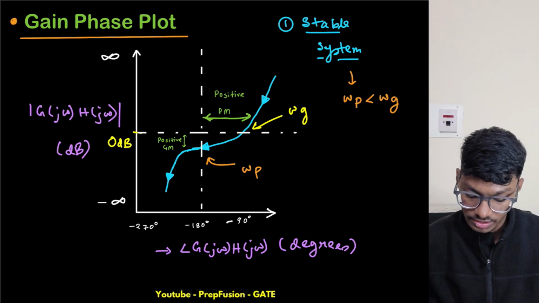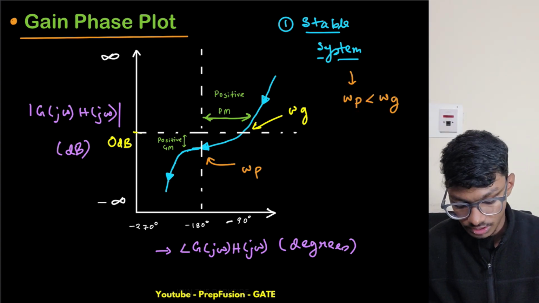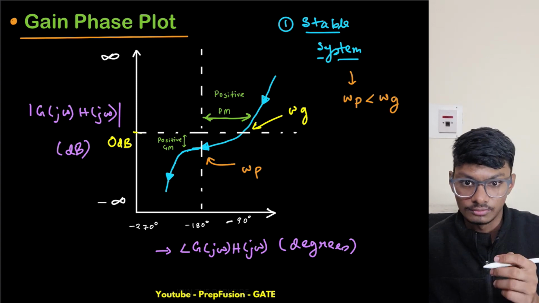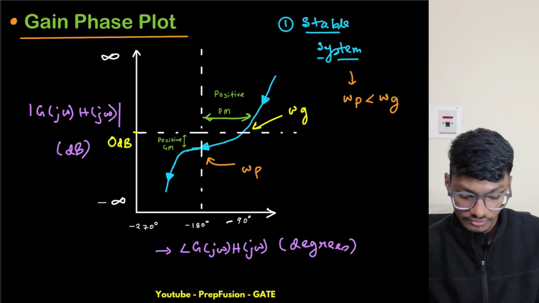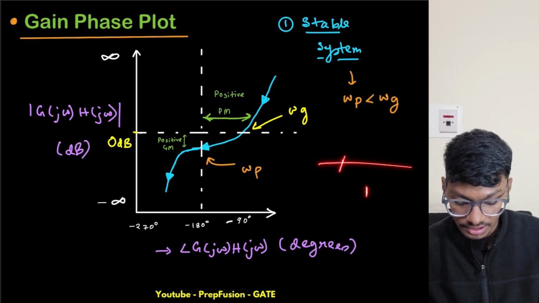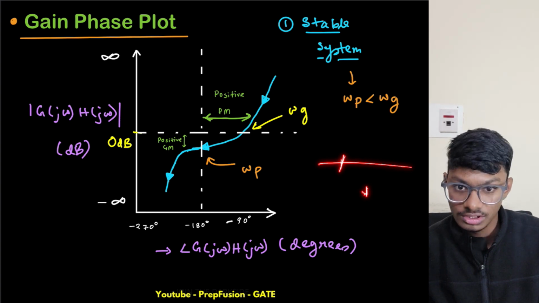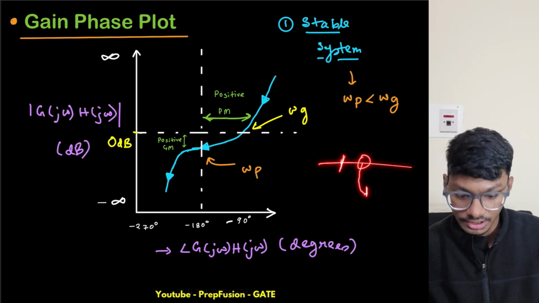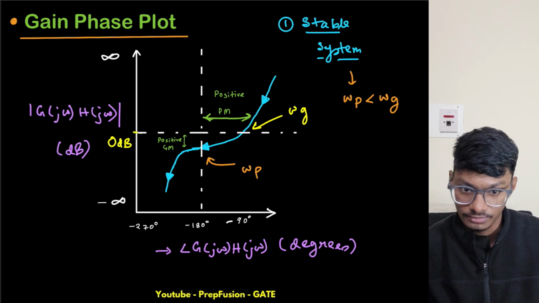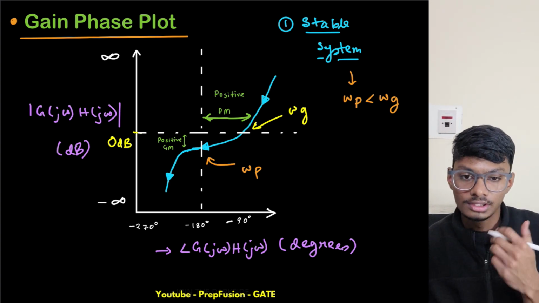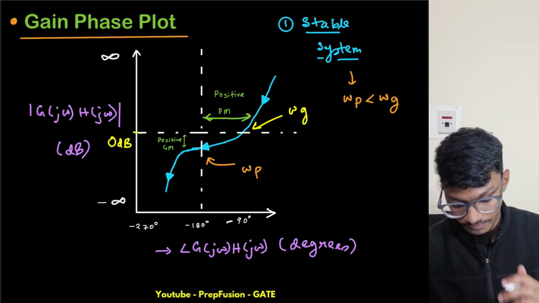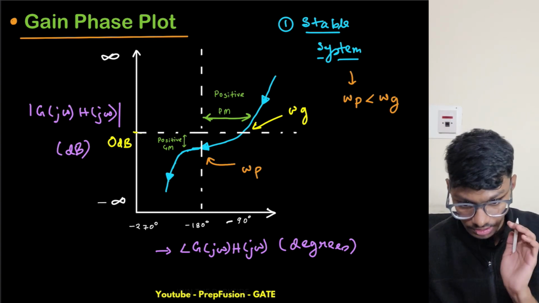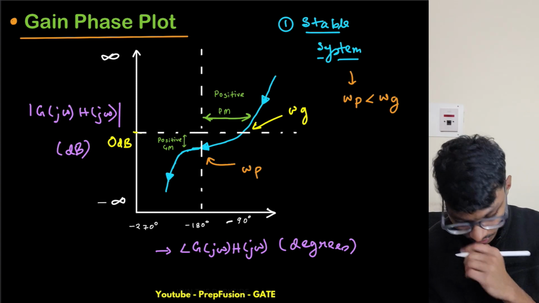That is also another case. It should reach one magnitude earlier than my phase crossover frequency. That's why my gain margin will be positive. If it reaches one magnitude earlier than cutting my negative real axis, obviously the gain will keep on reducing and it will touch here, and then my gain margin will be positive, if the magnitude is a monotonically decreasing function. That is also another important thing to note here.